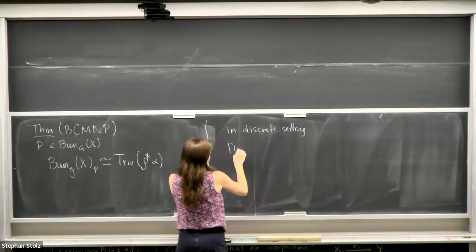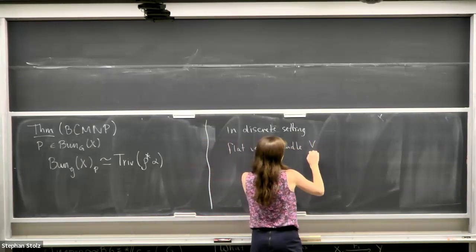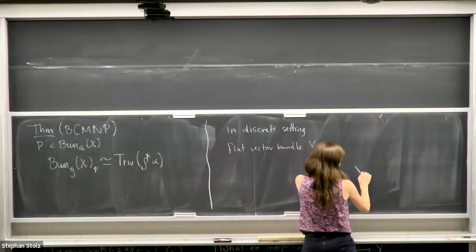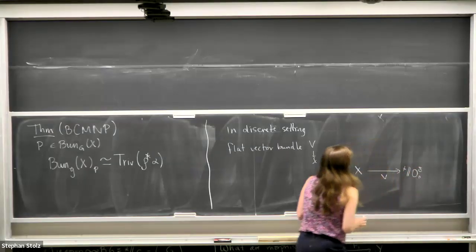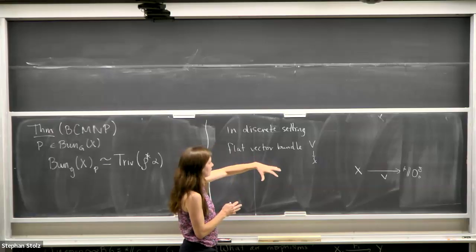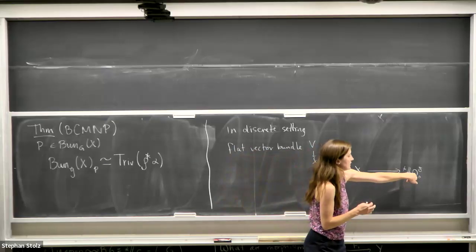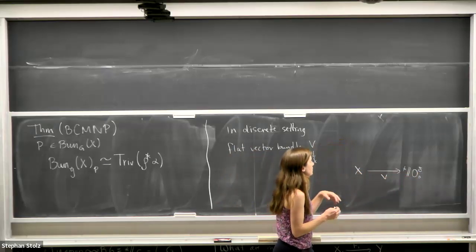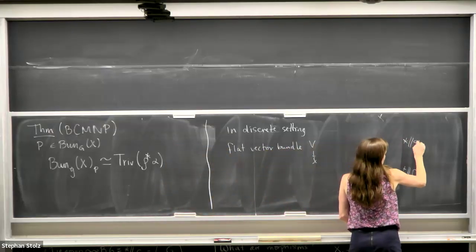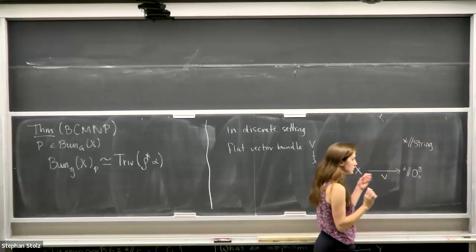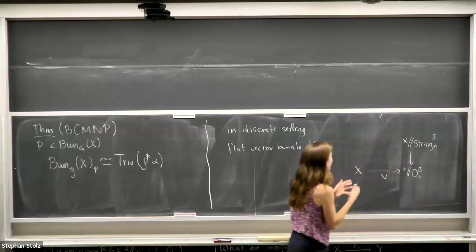if you have a flat vector bundle V over X, I'm going to write V as this classifying map. Like your O(N) frame bundle, when it's flat, you have this reduction to the discrete version of O(N). And you can think about string structures as being this lift, flat string structures. Hopefully we could aspirationally tell the story of making sense of non-flat things.